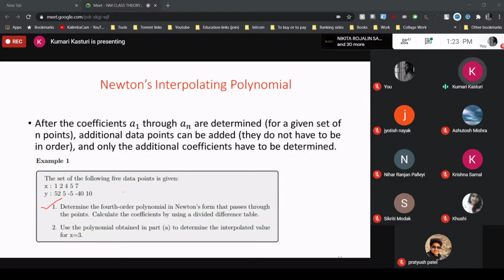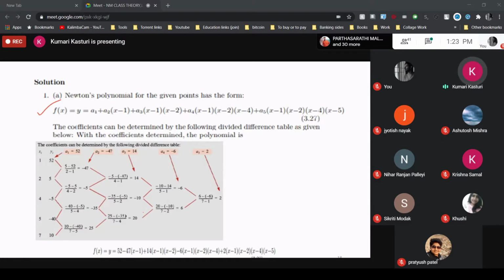Let me just quickly cover that one. Determine the fourth order polynomial. So what is the fourth order polynomial? f(x) is equal to a1 plus a2(x minus 1) plus a3(x minus 1)(x minus 2) plus a4(x minus 1)(x minus 2)(x minus 4) plus a5(x minus 1)(x minus 2)(x minus 4)(x minus 5).